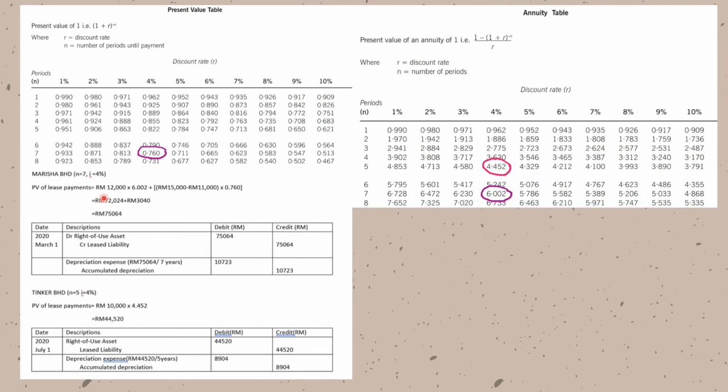With 12,000 here referring to the rental, multiplied by 6.002, and then we must take 15,000 minus 11,000. This number refers to the guaranteed residual value 15,000, and then the estimated residual value 11,000, multiplied by 0.760.